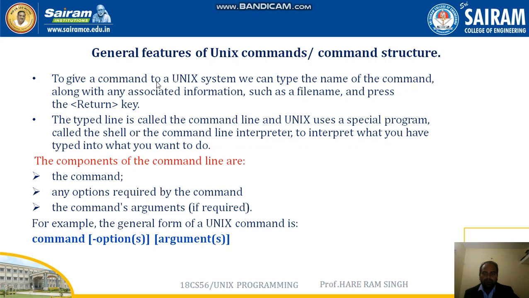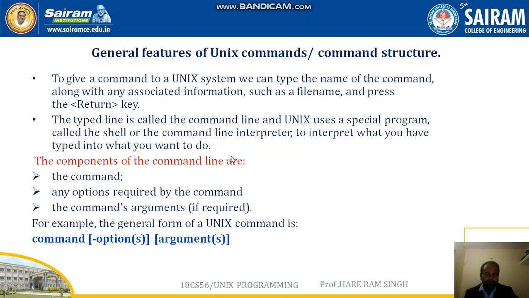To give a command on a Unix system, we can type the name of the command along with any associated information such as file names and press enter. So if you want to execute any command, you have to type that command name, and if required, the corresponding file names and options are typed in the command line, and then press enter.